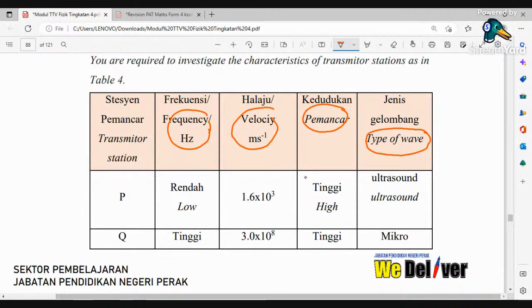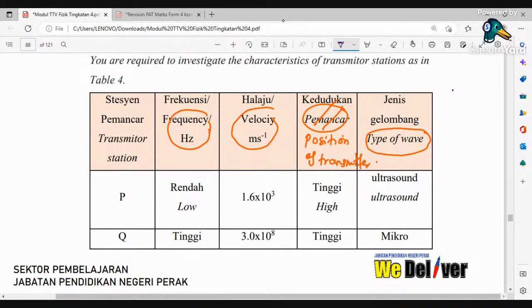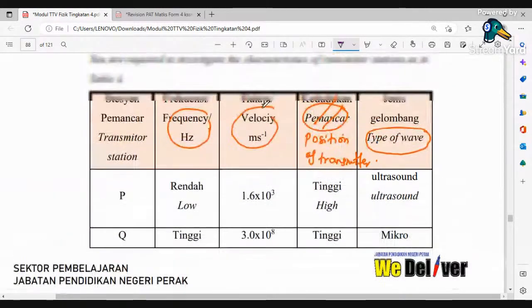Ini position, ini translation adalah sama. Position of transmitter. Okay. So we just go through the frequency.